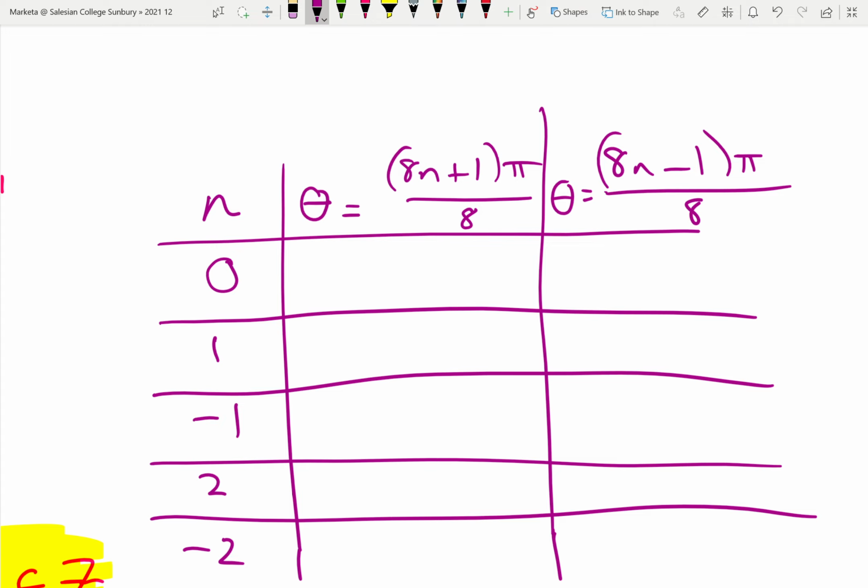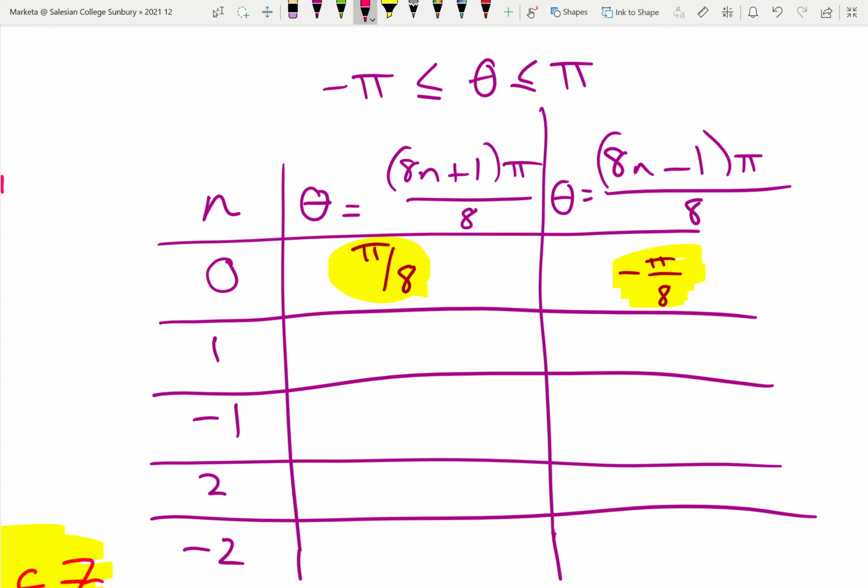So if I sub 0 in, 8 times 0 is 0, plus 1 is 1, so 1 pi on 8. So that's one solution I could have. That works. Our domain is from negative pi to pi. Now I'm going to sub it into the other one as well, so you need to do both. So now we've got 8 times 0 is 0 minus 1, so it's negative pi on 8. That works.